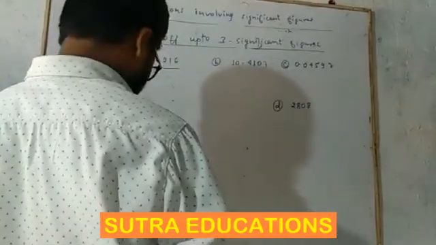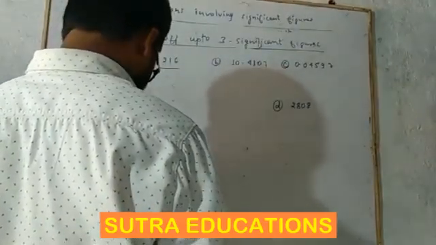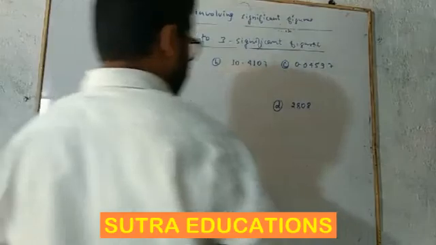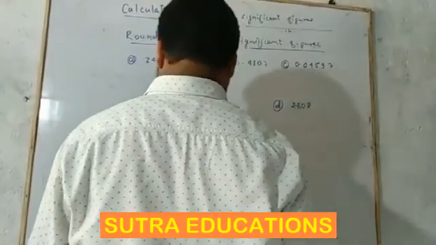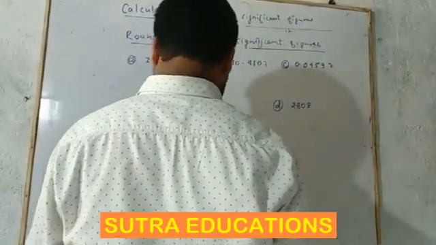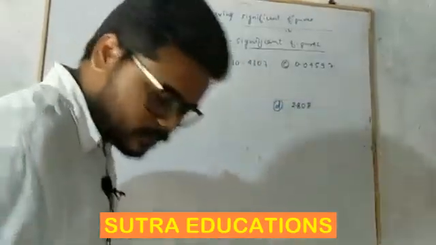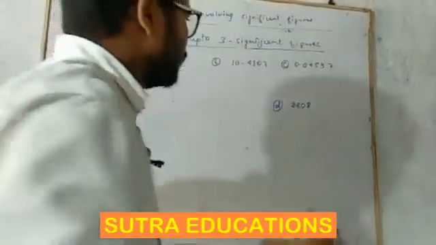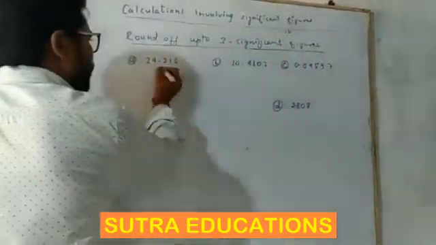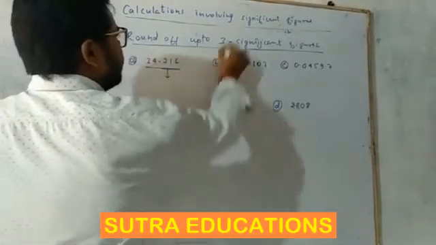So just round off up to 3 significant figures.